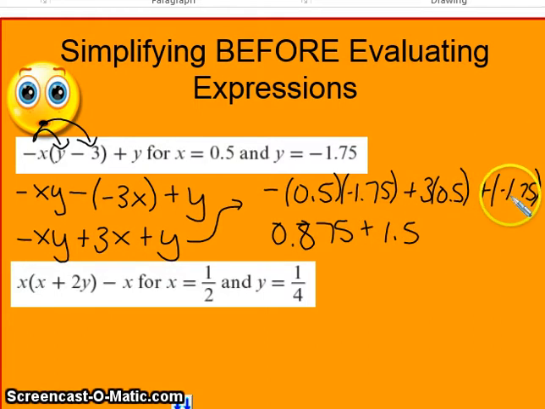And here I have plus a negative 1.75, so I'm going to rewrite that as minus 1.75. Now when I do my addition and subtraction, left to right, and I take 0.875 plus 1.5 minus 1.75, I get 0.625.